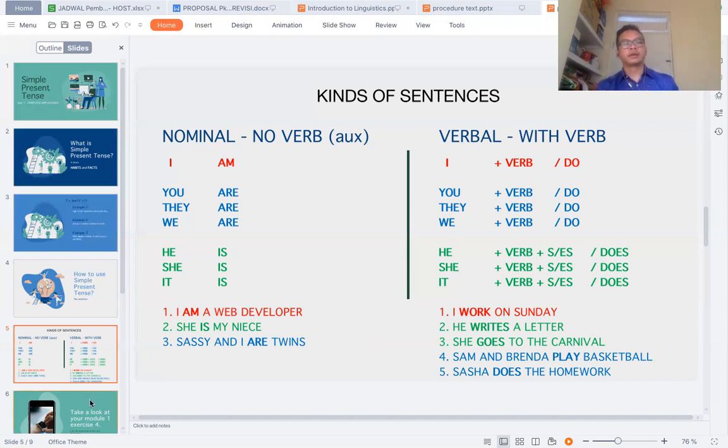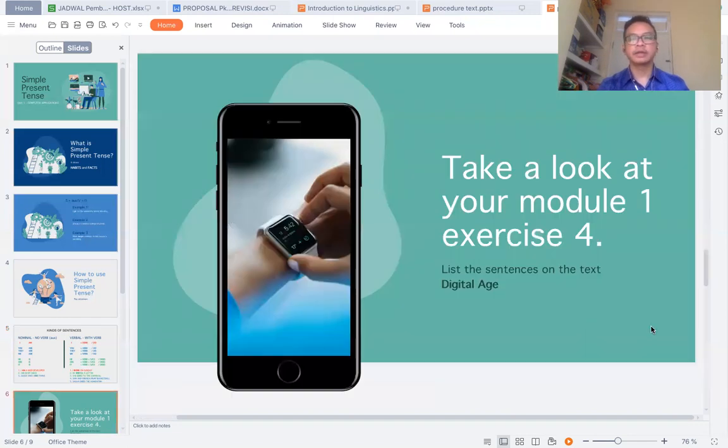Okay. I guess it is quite clear, everyone. So please check, take a look at your module 1 on exercise 4. Di situ akan ada teks berjudul Digital Age. Take a look which one is the simple present sentences. Silakan di list saja ya. This is independent learning, so I want you to list which one is the present tense.